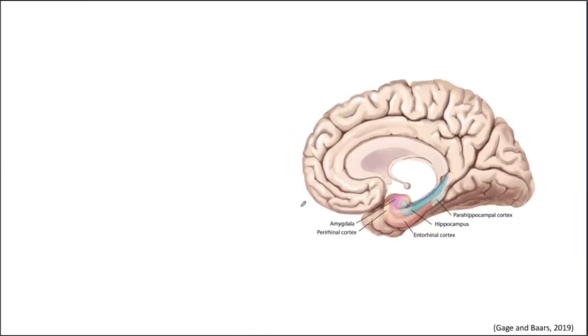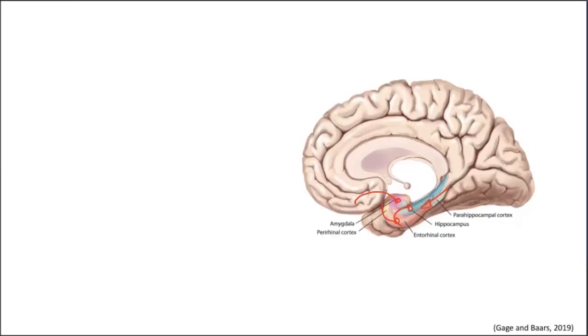If you remember, we discussed the hippocampus, the role of the entorhinal cortex, and the parahippocampal gyrus providing information to the entorhinal cortex and from the entorhinal cortex to the hippocampus. We also discussed the role that the amygdala plays in providing information to the hippocampus from the emotional processing areas in the brain.